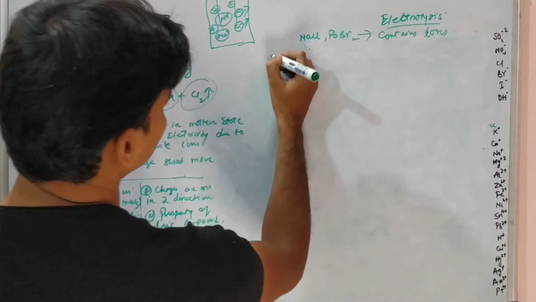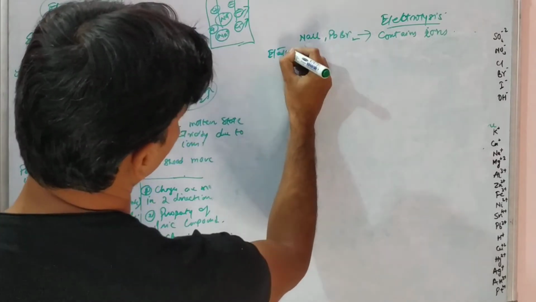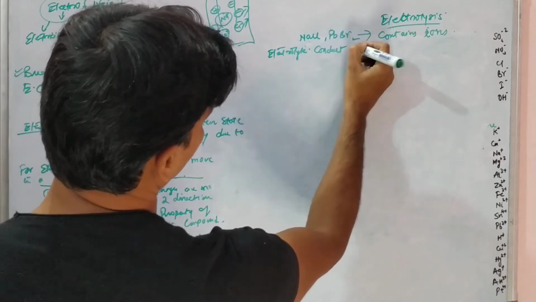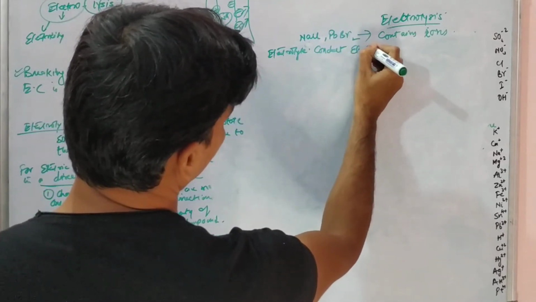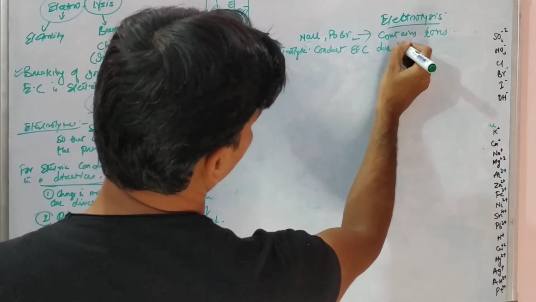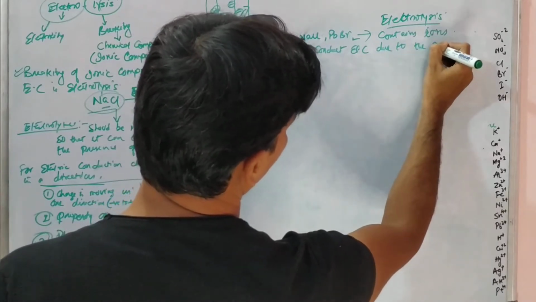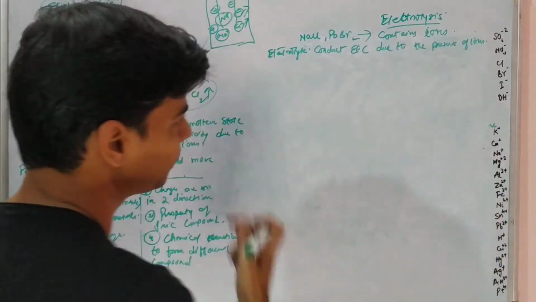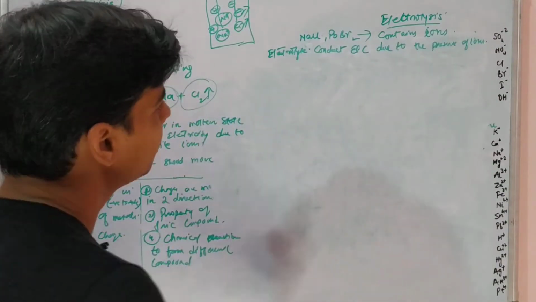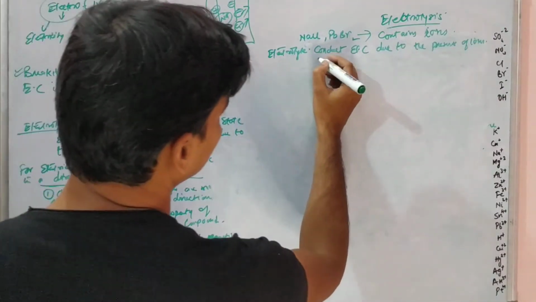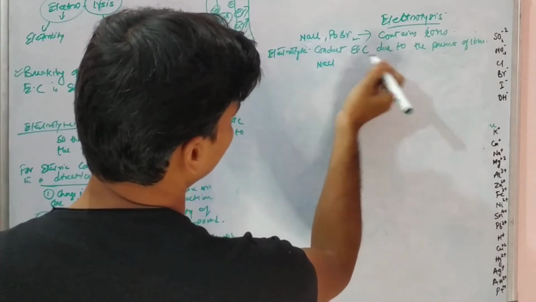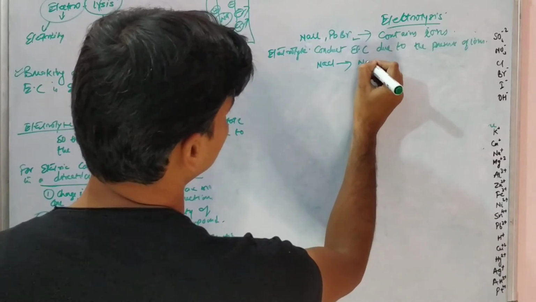Right. So just concentrate on this now. Electrolytes conduct electric current due to the presence of ions. If we talk about, say, sodium chloride, let's consider this.